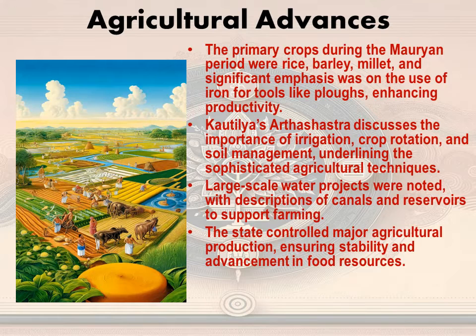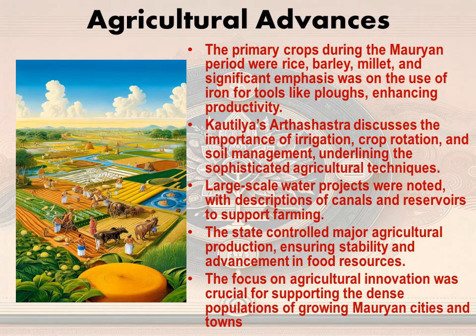The state controlled major agricultural production, ensuring stability and advancement in food resources. So, the major agricultural production was more or less controlled by the state, which ensured that there was stability in the food resources. And from Ashokan inscriptions, we can also get evidence where storage facilities sometimes were recommended to be opened in order to support the people during the time of natural calamities.